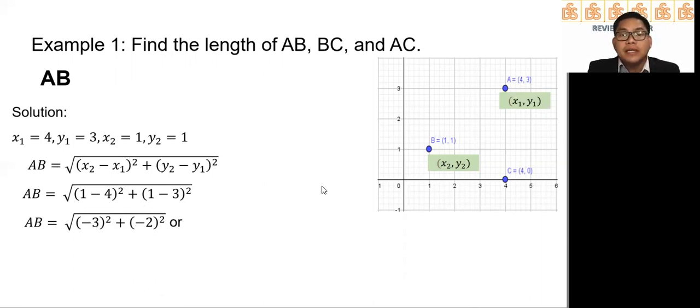Negative 3 times negative 3 is positive 9. Negative 2 times negative 2 is positive 4. That's why the distance from A to B is square root of 13 units.